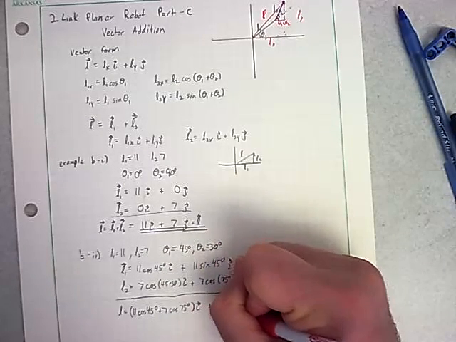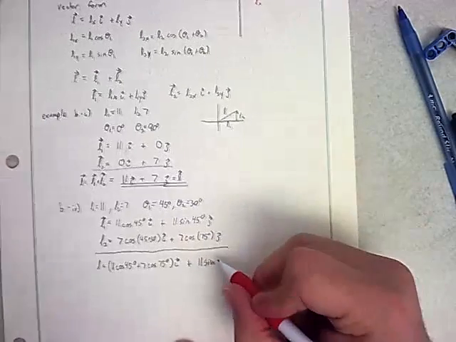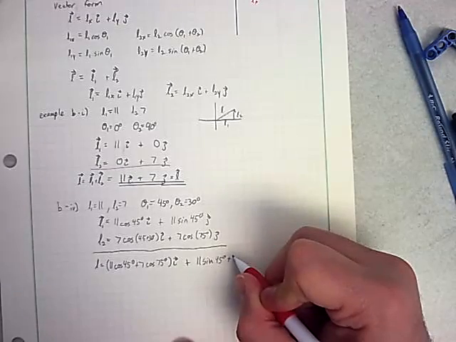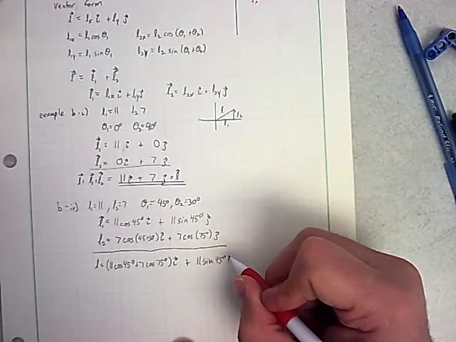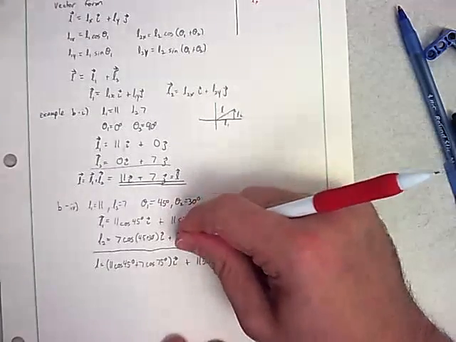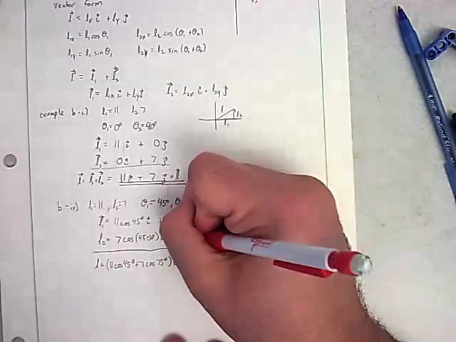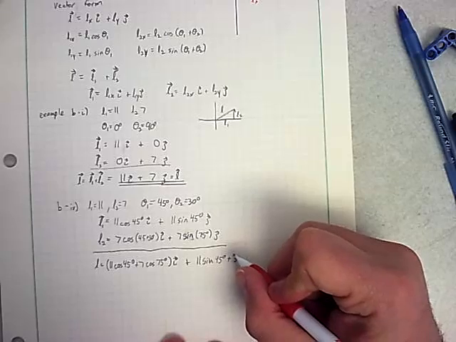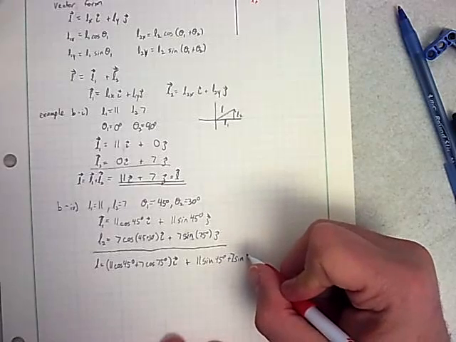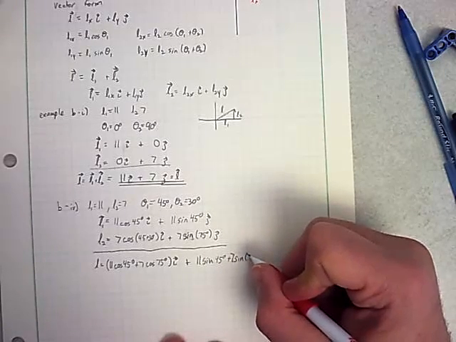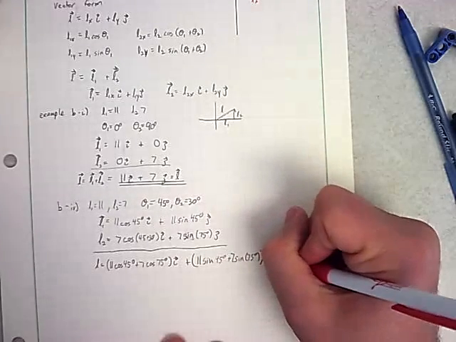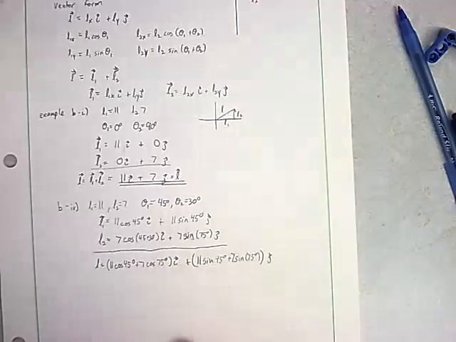And it's going to be 11 sine of 45 degrees plus, whoops, this is what happens when you don't write things correctly. We're dealing with y's, those are the sine. Plus 7 times the sine of 75 degrees. This part is our j direction, or our y direction.